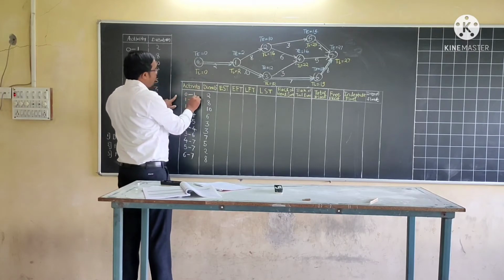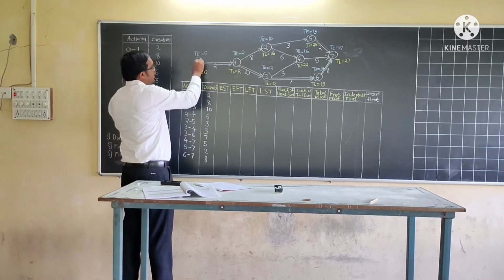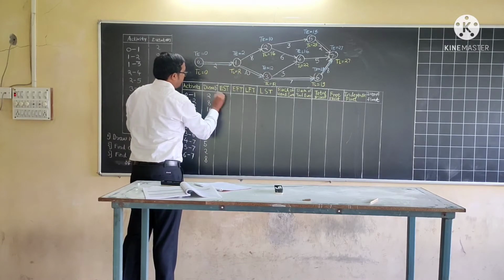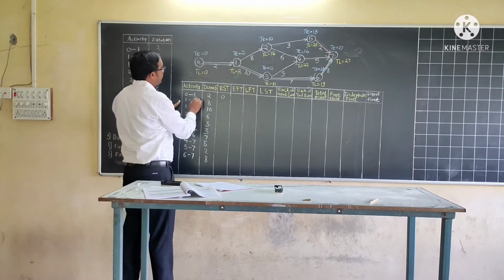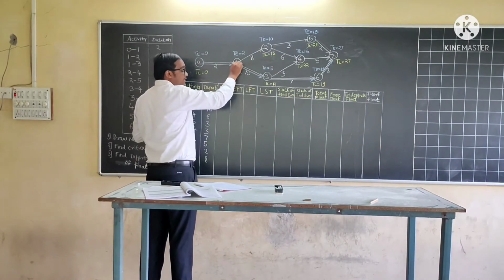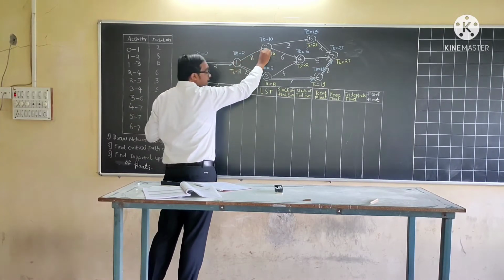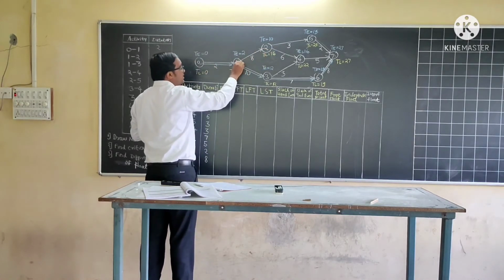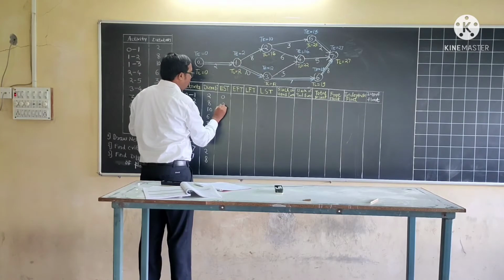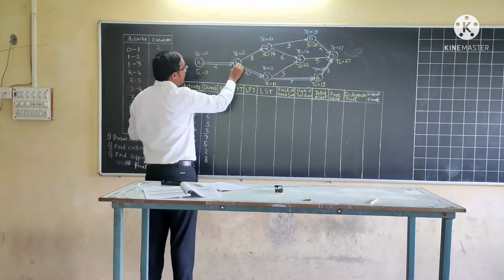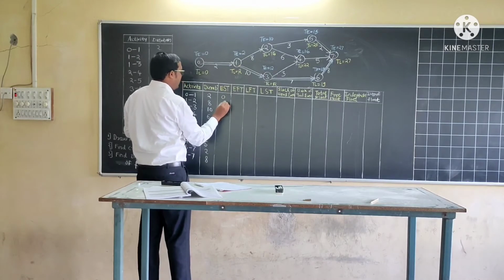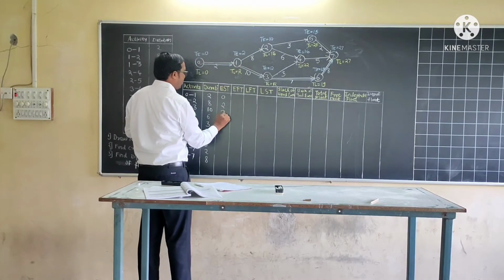For example, for 0 to 1, the starting activity is 0, take the TE value, that is 0. Now activity 1 to 2: the starting activity is 1, therefore consider its TE value, that is 2. Also 1 to 3, the starting activity is 1, so again EST will be 2.